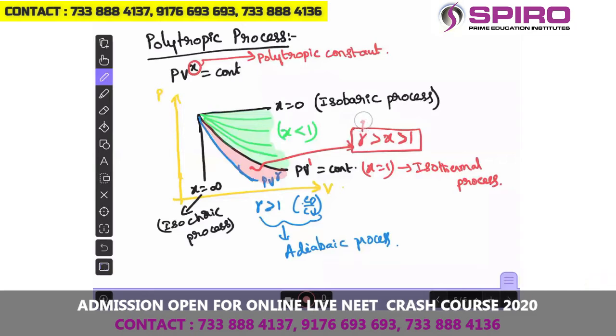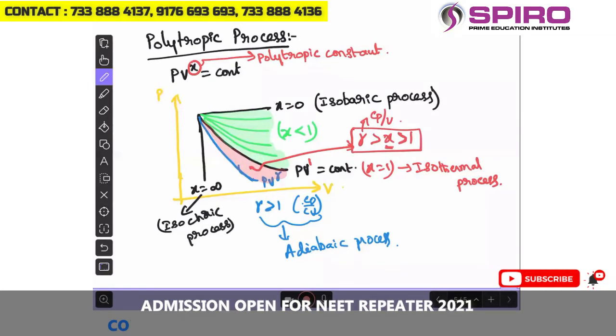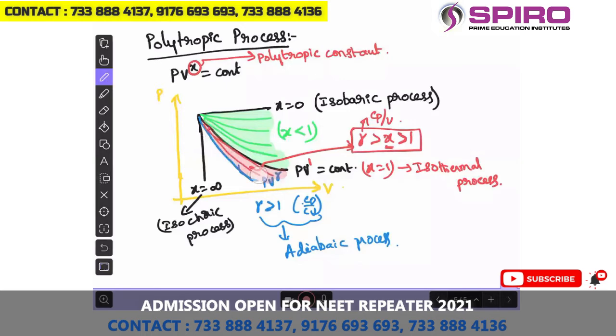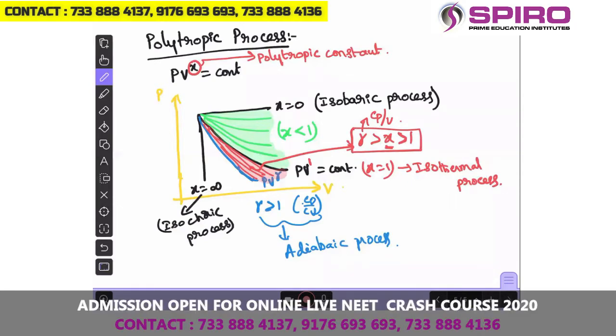Gamma means Cp by Cv, already you know. So the X value lies between gamma and 1. These processes will fall under this region. Whatever the curves for the PV power X value will come between isothermal and adiabatic processes. And beyond the adiabatic process, if X value is greater than gamma, then those graphs will come under this region.